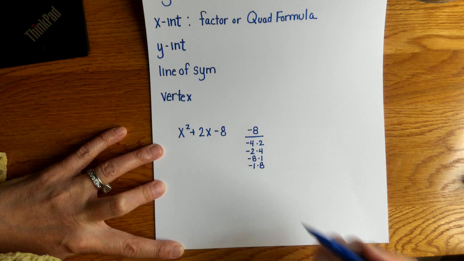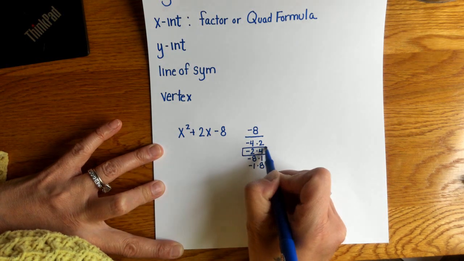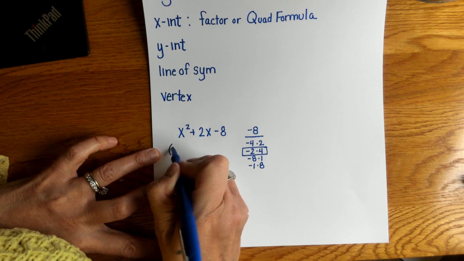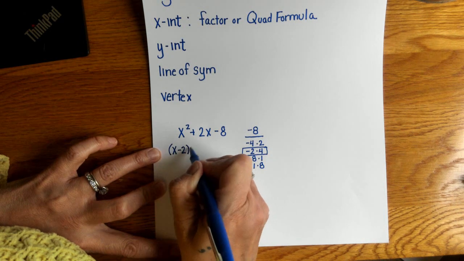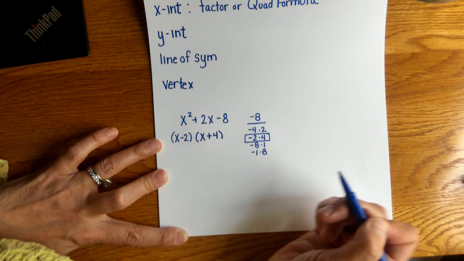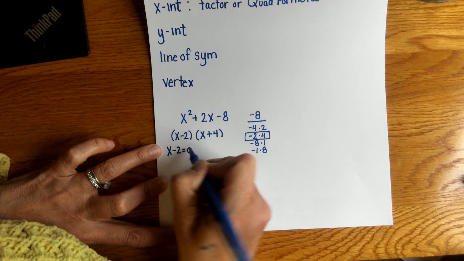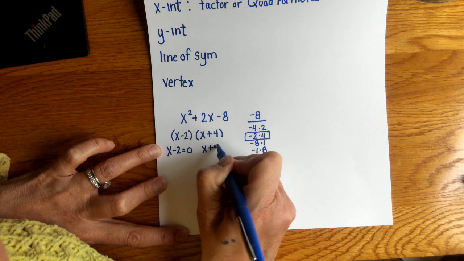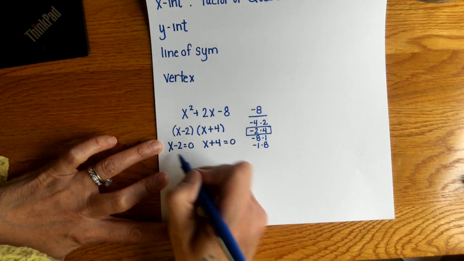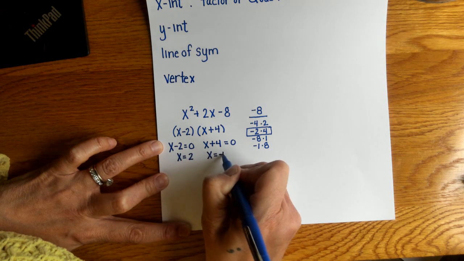Do any of those add up to positive 2? Right here. So x minus 2 and x plus 4. I have now factored it. I have to let each factor equal 0 to solve. x will equal 2 and x will equal negative 4.